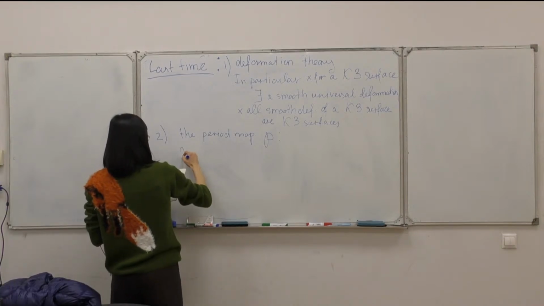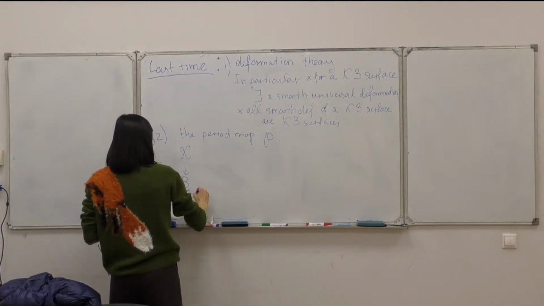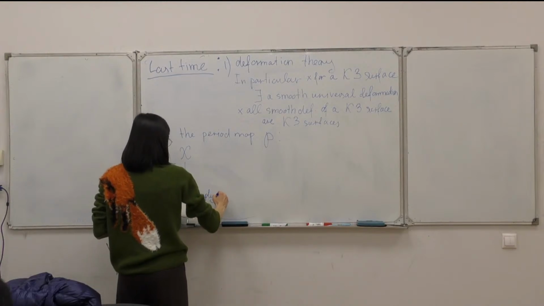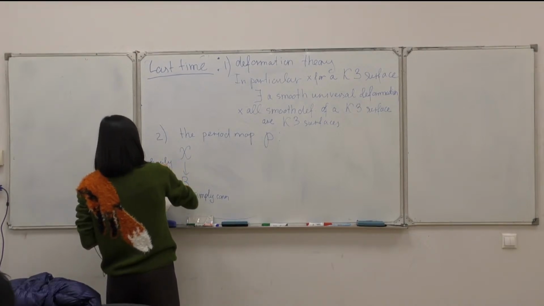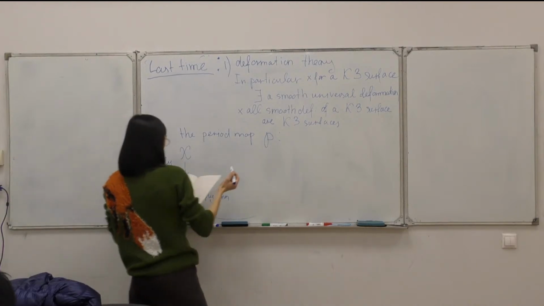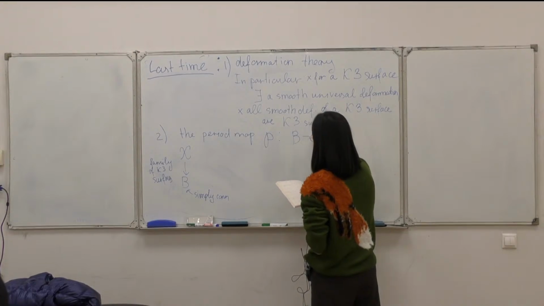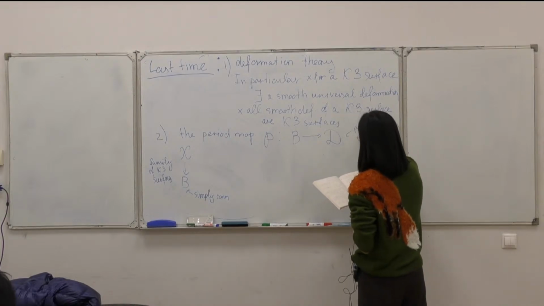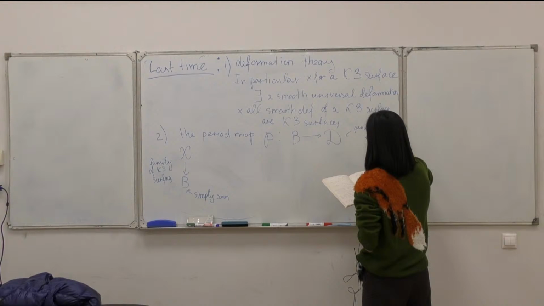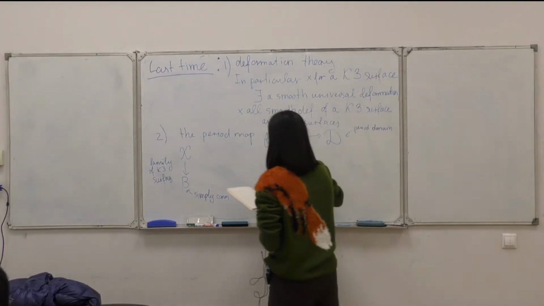We considered a family of K3 surfaces over a simply connected base, and we defined a period map from the simply connected base to the period domain, a smooth 20-dimensional complex subset.